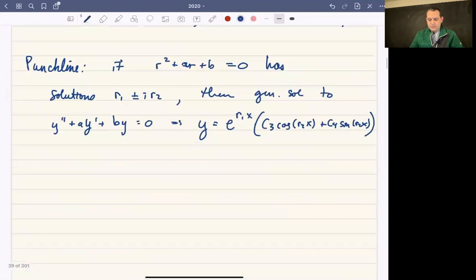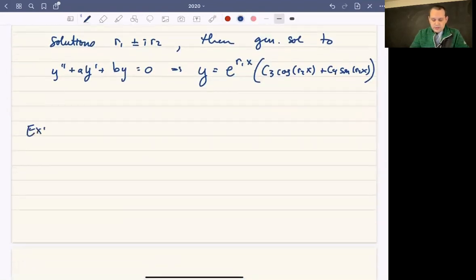So for example, let's do one. Let's say we want to look at the differential equation y double prime plus 6y prime plus 10y equals 0.